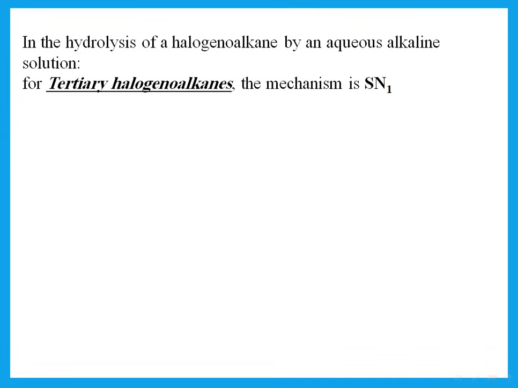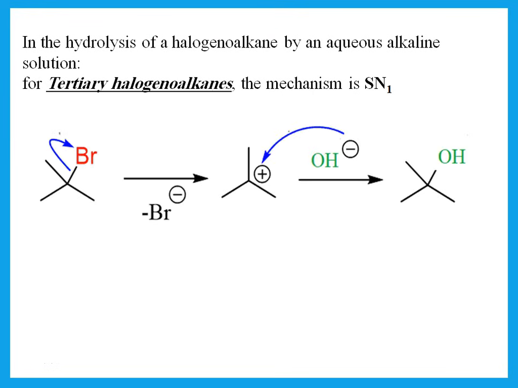Another question would be with respect to reactions of halogenoalkanes with alkaline solution. So for example, we said if I have a tertiary halogenoalkane, when we do this in organic, we said the bromide leaves first to form a carbocation, and then the hydroxide ion attacks the carbocation to form the alcohol.